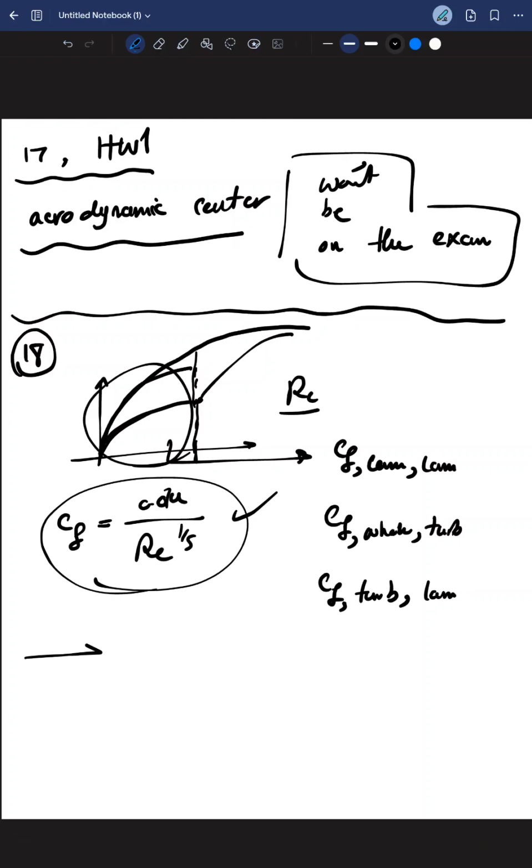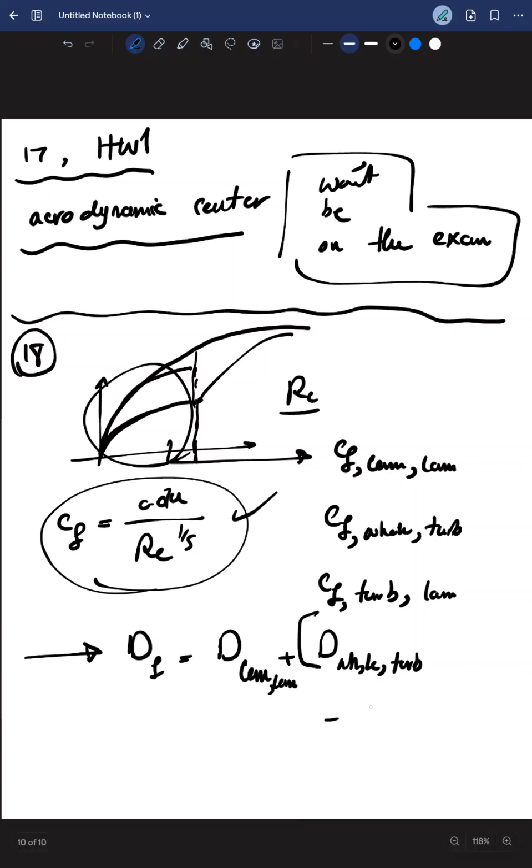And then how you calculate the drag coefficient is this. The total drag force is going to be the drag of the laminar region, calculated using the laminar methodology, plus the drag of the whole region, calculated using the turbulent methodology, minus the drag of the laminar region, calculated using the turbulent methodology. And then we just have to replace this with the equivalent formula that includes the drag coefficient.